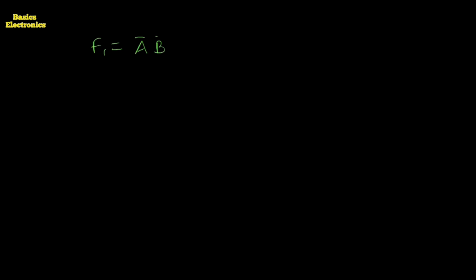Implement the given equation by using the suitable decoder, and that equation is F1 equals A bar B bar C bar plus A bar B bar C plus A B bar C plus A B C. This is the equation which we have to implement. So all of you know how to identify what type of demultiplexer we require to use.